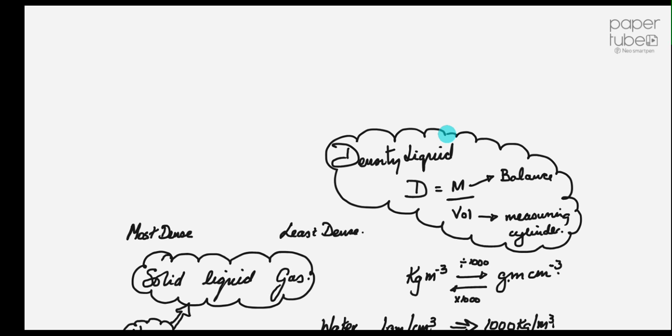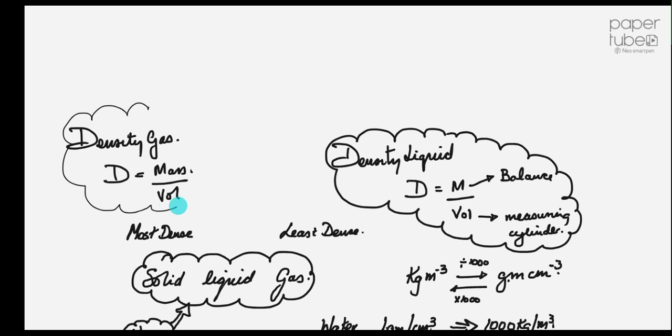And the last one we're going to look at, but again it's not really asked, but we'll look at it anyway, is the density of a gas. And again, it could be something like a balloon. So the density is equal to the mass over the volume. This is quite difficult to do because the mass of a gas is small.